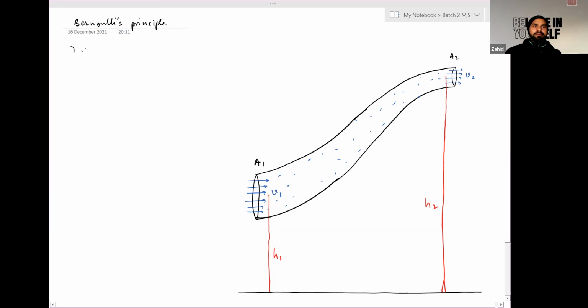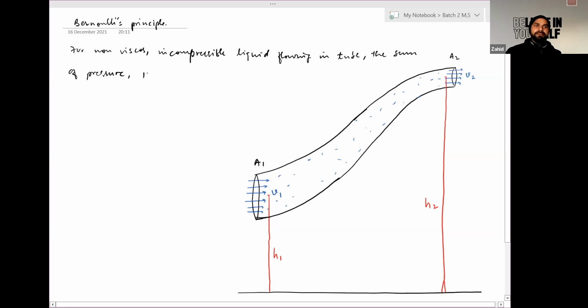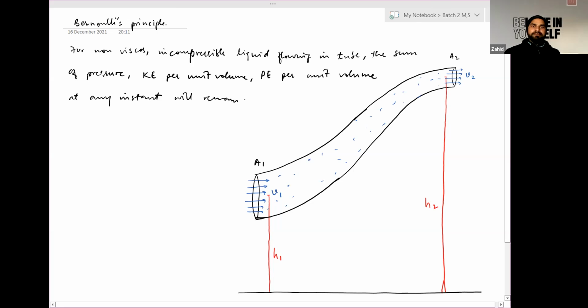It states that for non-viscous incompressible liquid flowing in a tube, the sum of pressure, kinetic energy per unit volume, and potential energy per unit volume at any instant will remain the same.